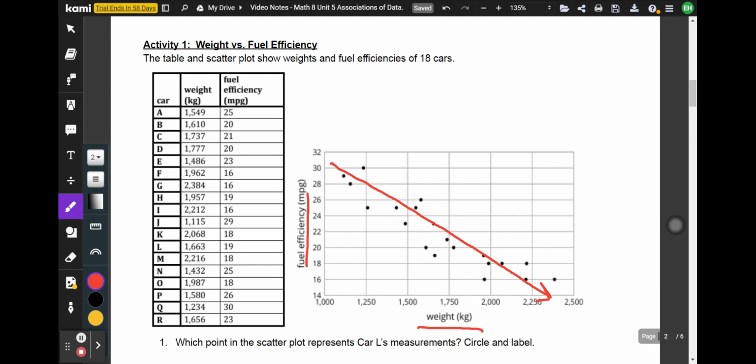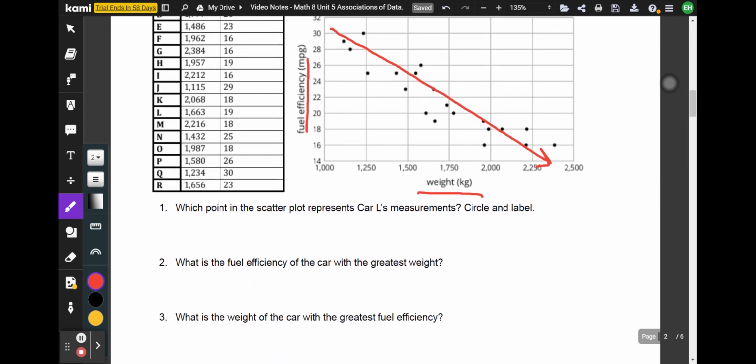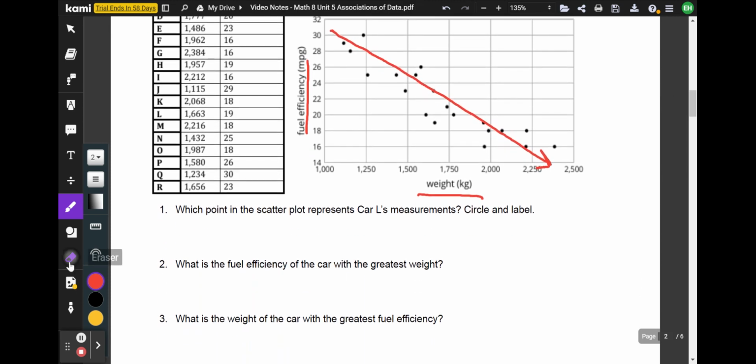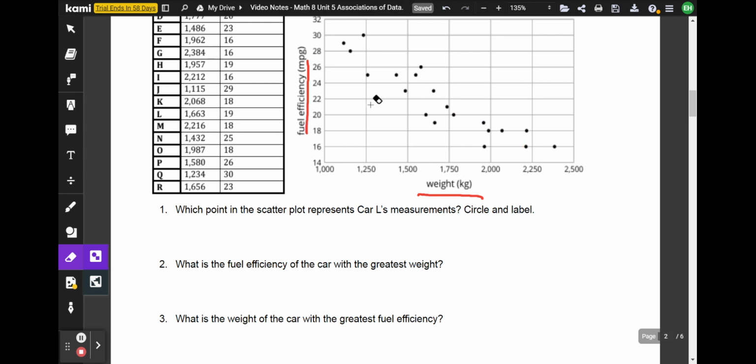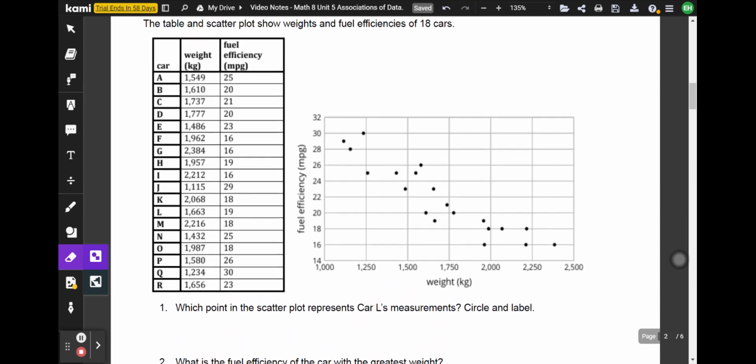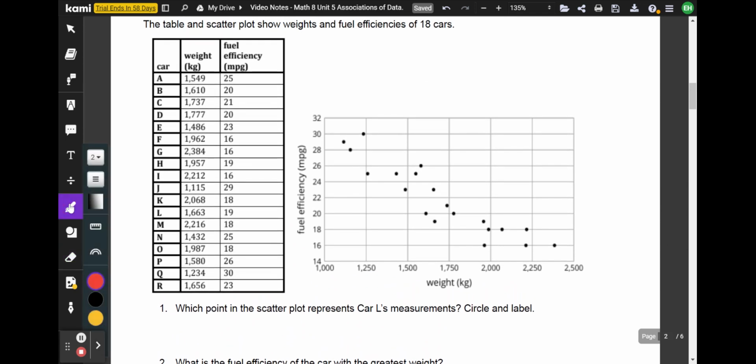So what we're going to do is fill in some information. Number 1 says, which point in the scatter plot represents car L and its measurements? So we're going to find L in the chart. L is located right here. So we're looking for the point (1,663, 19). 19 is probably about right here.